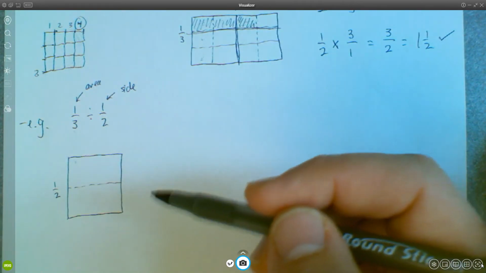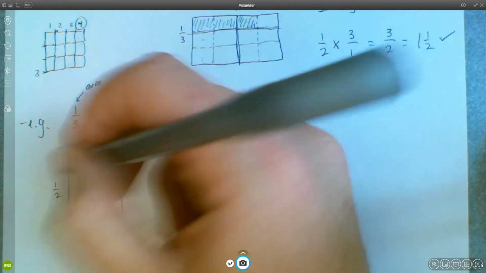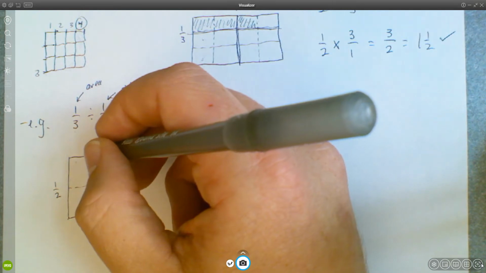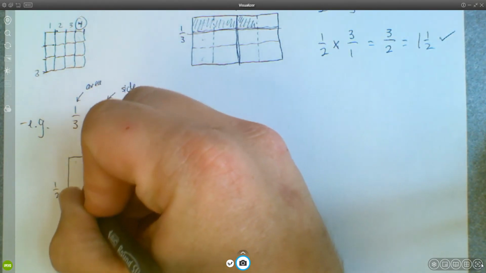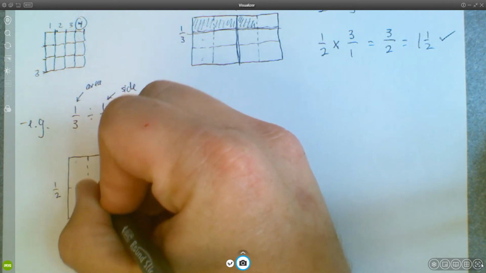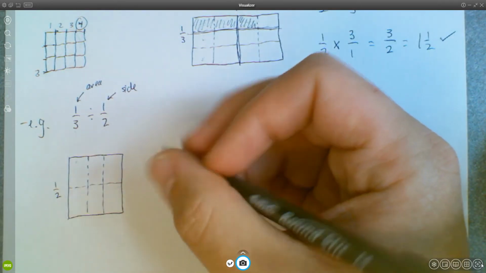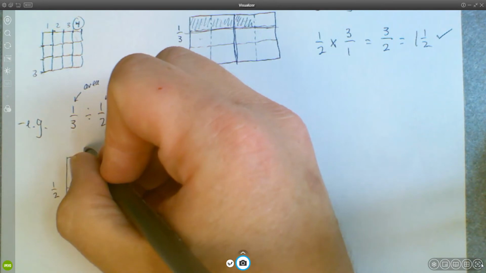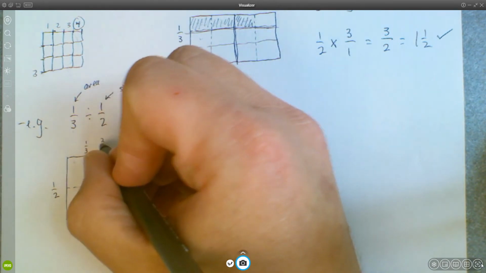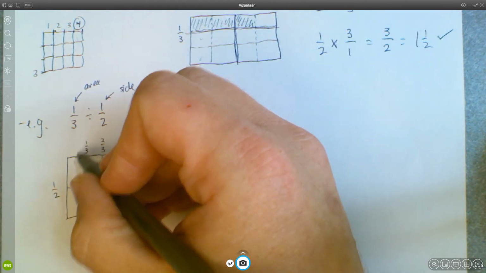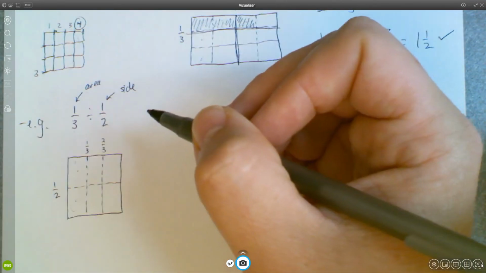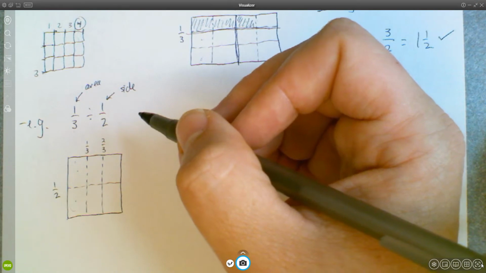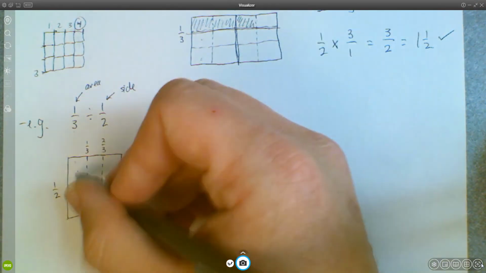Well, I'm going to use the same trick that I used on the previous problem, and I'm going to split this unit into thirds vertically. Okay? Because if I do that, then I can see that this is 1/3, this is 2/3, and I can see that 1/3 of a unit is going to equal 2 of these little boxes, right? It's going to equal 1/3 is going to equal 2/6, right? 2 of these little boxes.